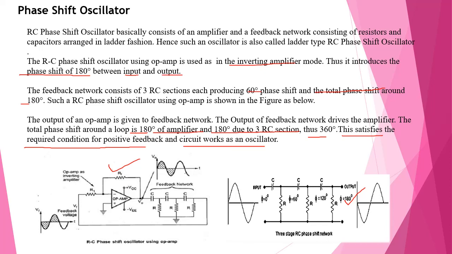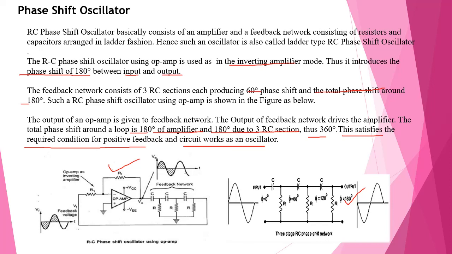The op-amp is used in inverting mode, and thus it introduces a phase shift of 180 degrees between input and output. The feedback network consists of 3 RC sections, each producing 60 degrees of phase shift, for a total of 180 degrees.